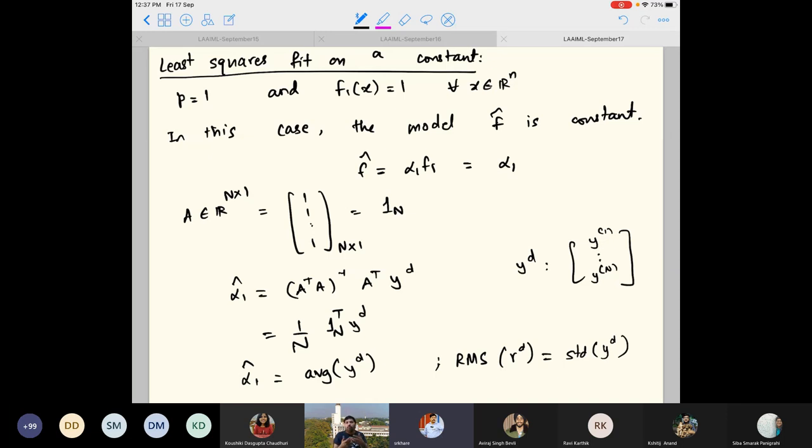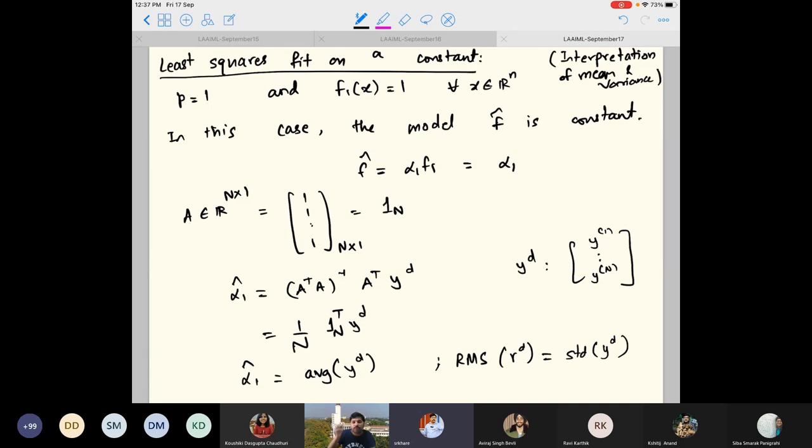So this is a very beautiful interpretation of variance and mean for the given data, and it is really very important. So if you have a constant model, then you get the interpretation of mean and variance.